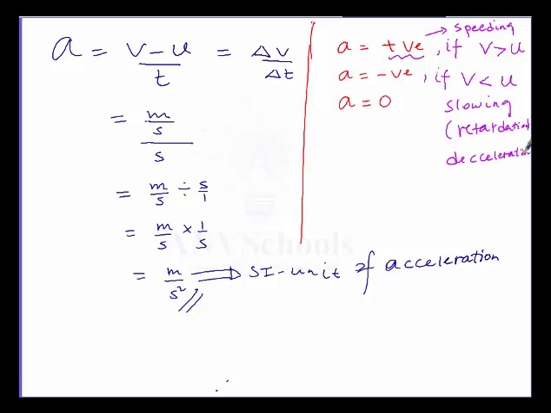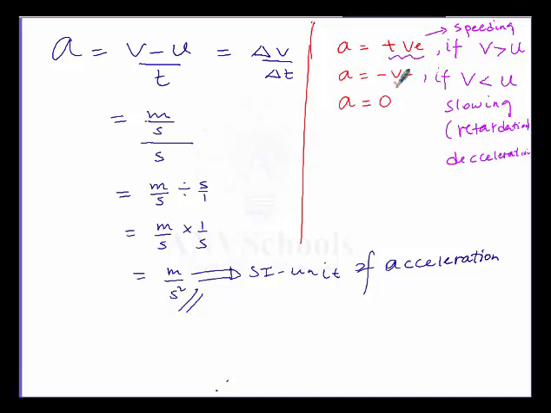So when the car slows down or decreases its velocity, the car is said to have a negative acceleration. In this case the moving object is slowing down, or it's going to stop, or it is retarding.